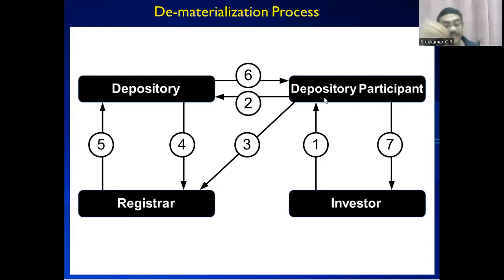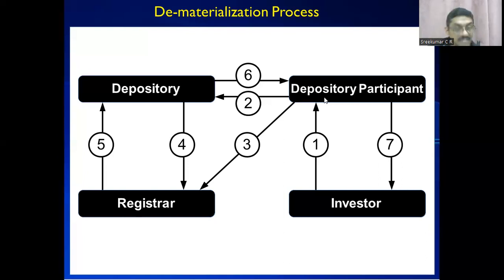The registrar will in turn pass some information back to the depository. Then the depository will pass it to the depository participant. Again, the depository participant will pass the information regarding the shares, or the digital shares themselves can be passed from the depository to the depository participant, which in turn goes to the investor. But in between you can see the registrar is also there. The registrar will be regulating the movement of the securities, children.